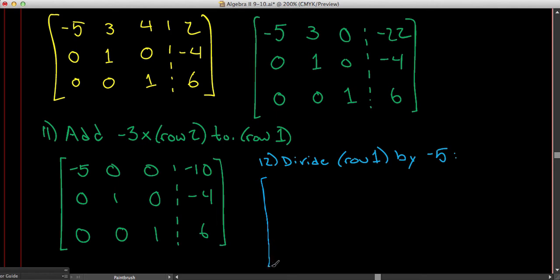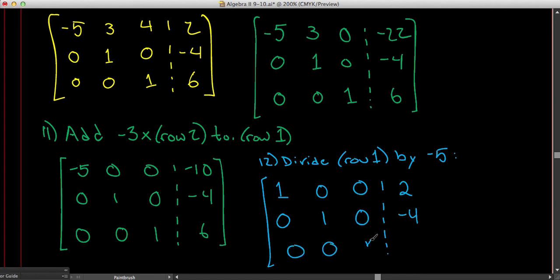So when we do that, you'll see that the -5 then becomes a 1. Then we're left with 0, 0. And then -10 divided by -5 is 2. And we're left with 0, 1, 0, -4, 0, 0, 1, 6.